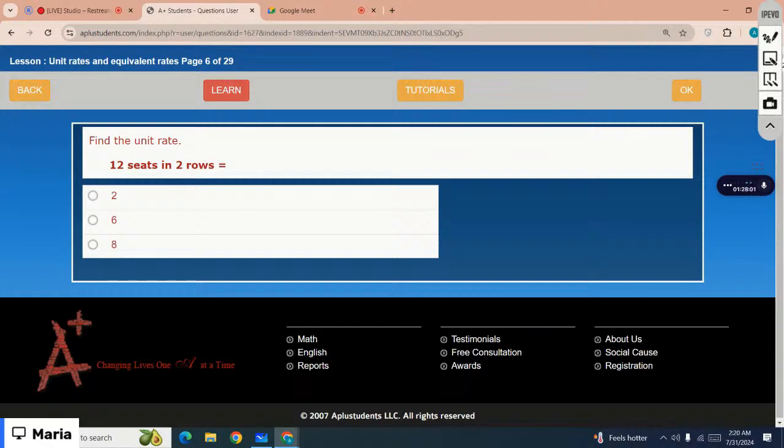That is six seats in one row. The correct option is six. Option number two is the correct option.